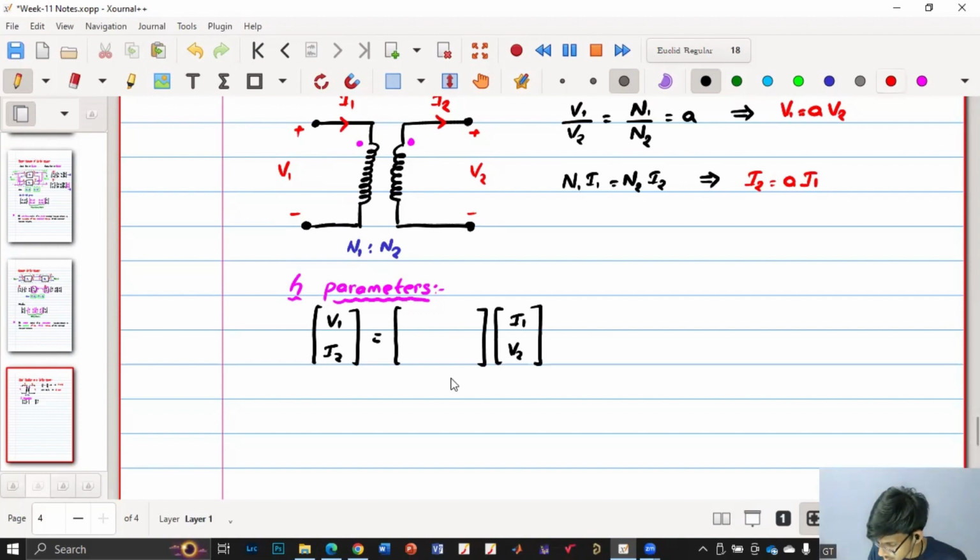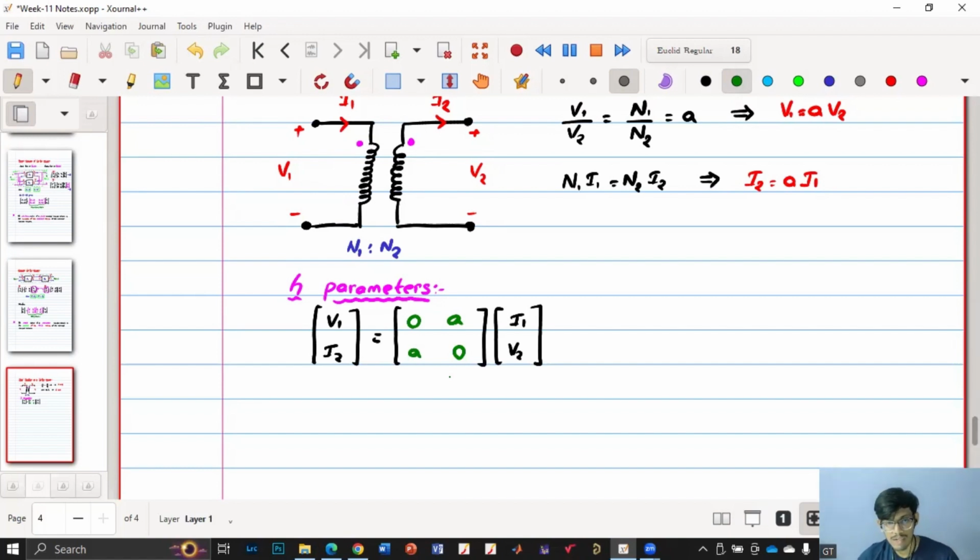Now here, what values we have? We have V1 is equal to A into V2. So 0, A, and I2 equal to A I1, A and 0. So these are the H matrix that we are getting, or the H parameters.